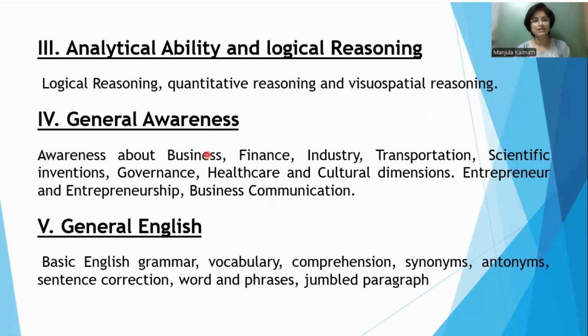Then comes general English: basic English grammar, vocabulary, comprehension, synonyms, antonyms, sentence correction, words and phrases, jumbled paragraph, which is the backbone of each and every competitive exam. Basic knowledge of English is very essential here. Along with that, current affairs are also essential. Whatever is mentioned here is almost all helpful for every competitive exam.